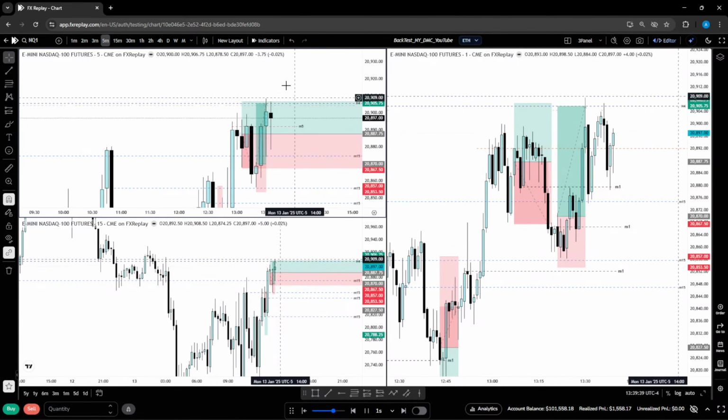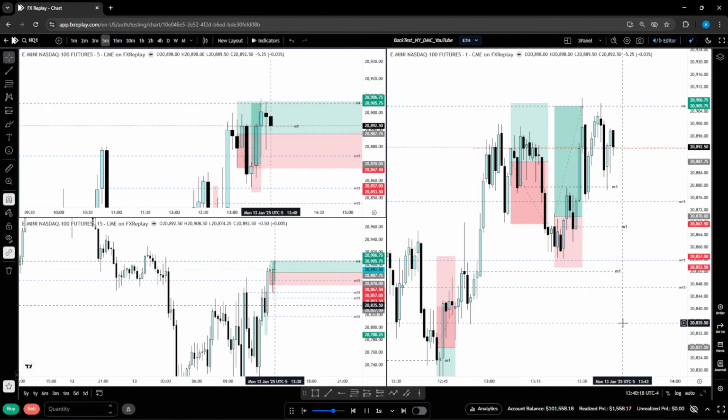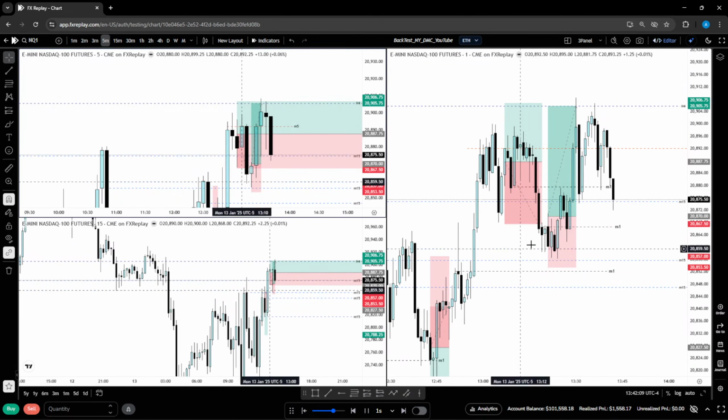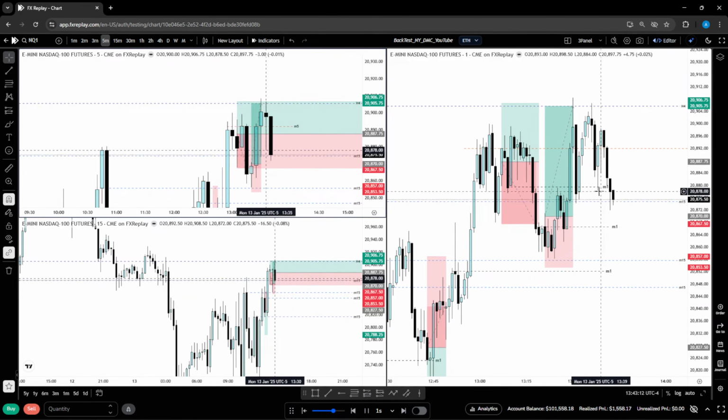Looking at the 5 minutes and the 1 minute. So we're going to test some other levels. Maybe this level.